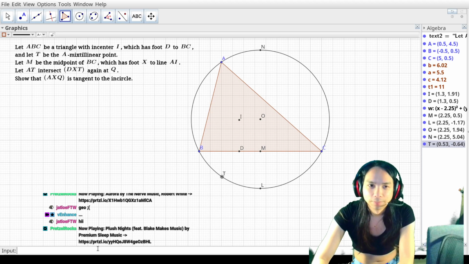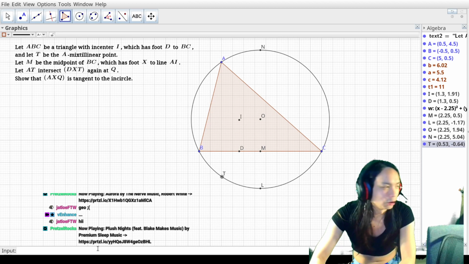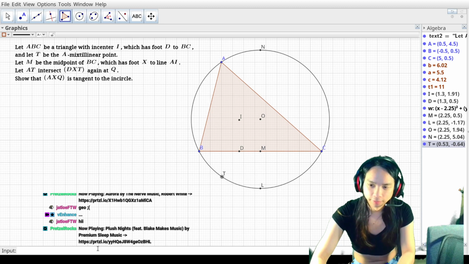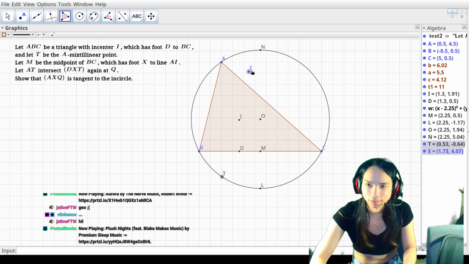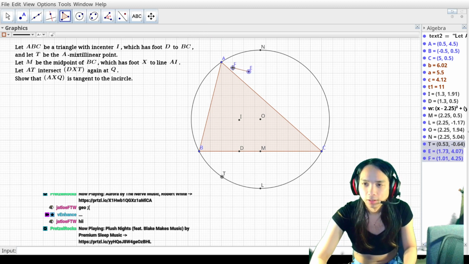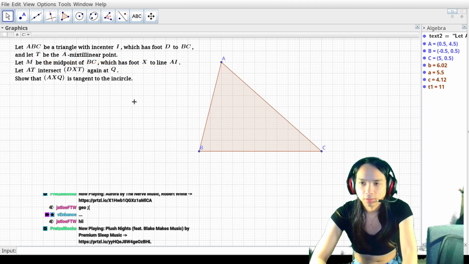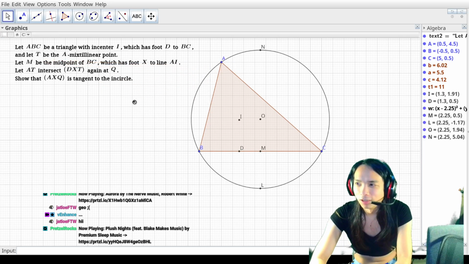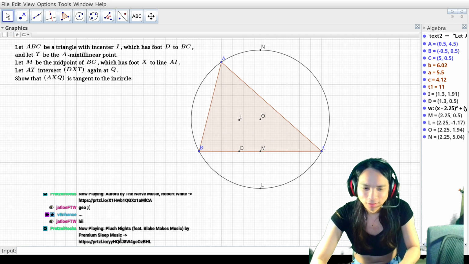So T. And we don't use the mixtilinear incircle itself in this statement, so I'm content to just do that. I don't feel obligated to draw it. No! What? Okay, that's right.